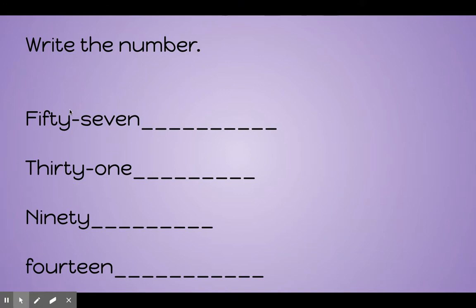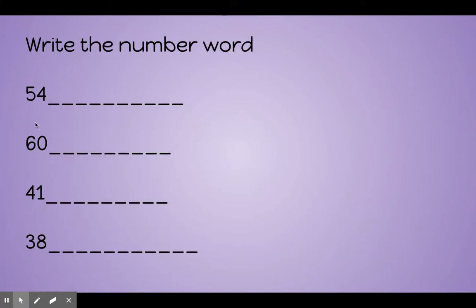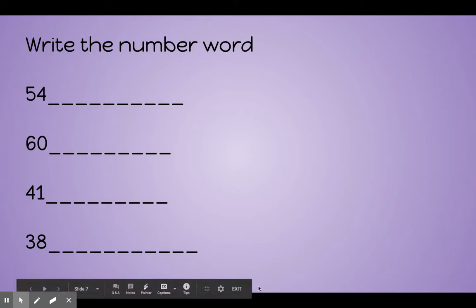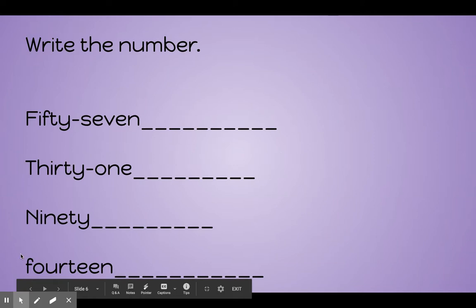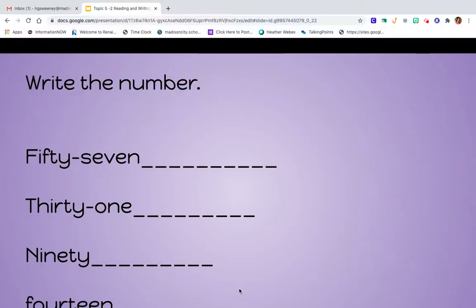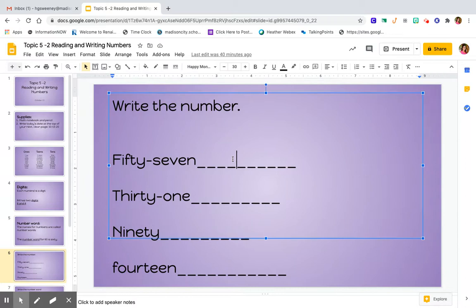So now let's look at the number 57. I know the number 57 needs to look like a 5 in the tens, a 7 in the ones. 57. Okay?